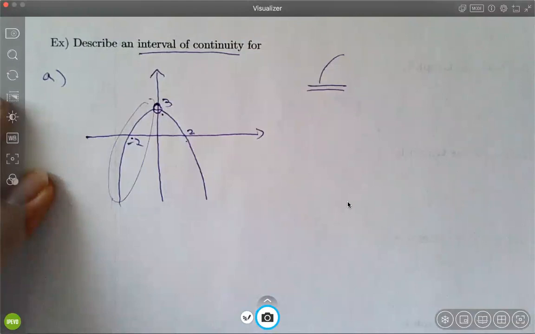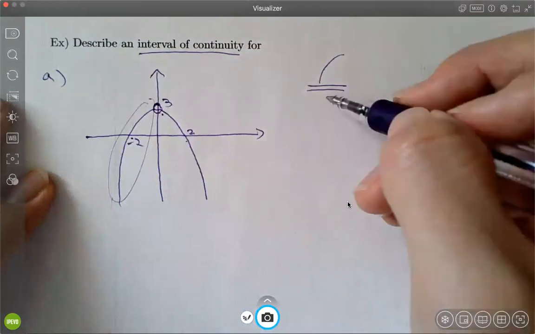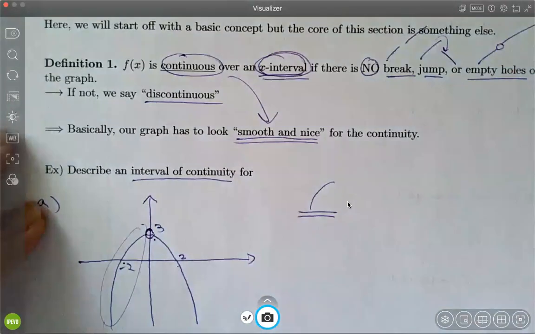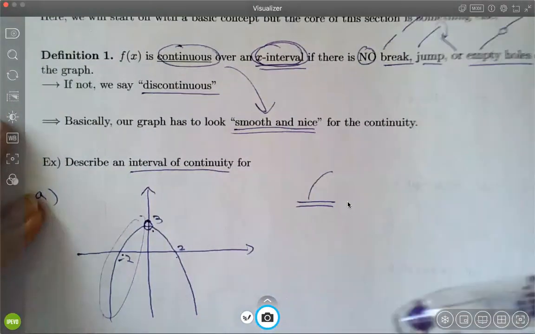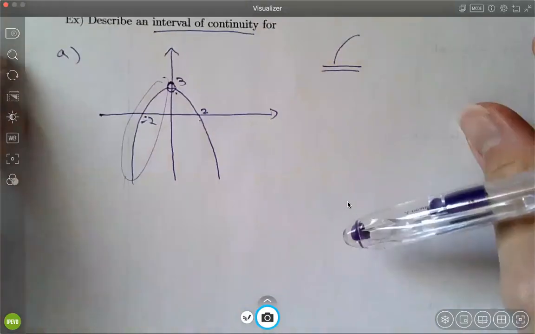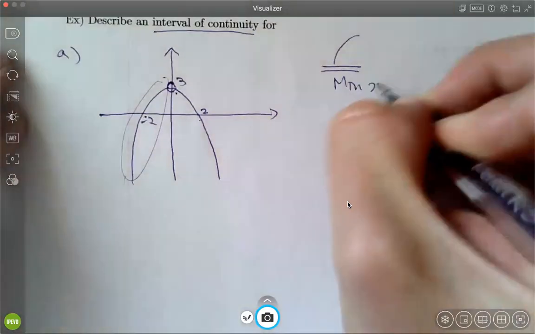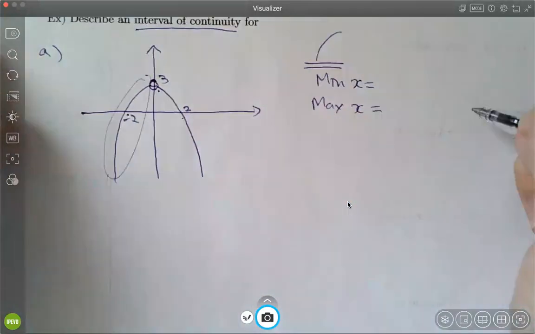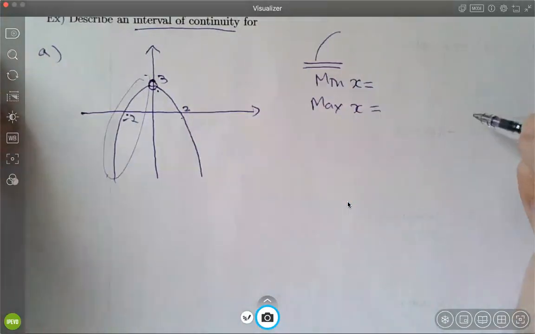Now how do we describe the interval of continuity for this portion? We have to look at the x values. What is the minimum and the maximum x for this left branch? What is the minimum x? Negative infinity, yes.